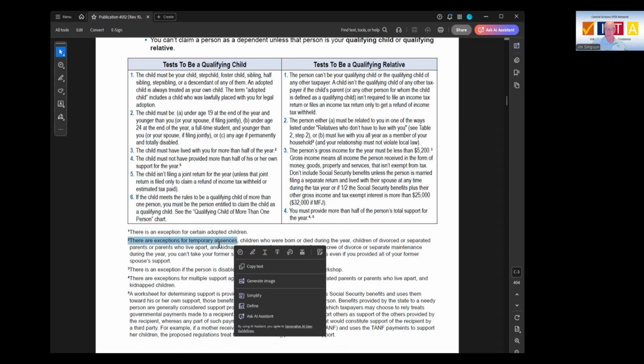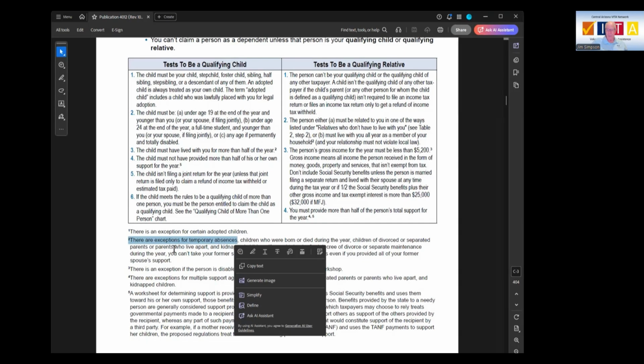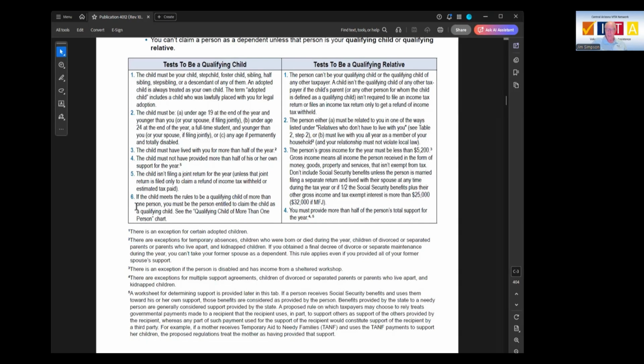Maybe I live in Phoenix here, and maybe my son goes up to northern Arizona to go to college in Flagstaff, and they're there 9 months out of the year and come back and live with me for 3 months. Actually, they could live there all year if their intent is to come back and live with me after college. That's called a temporary absence. They're considered living with me. So that's really important. Okay.